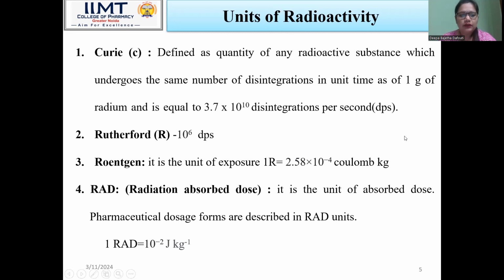Second one is Rutherford, denoted as capital R, which is equal to 10 to the power 6 DPS. DPS is disintegration per second.